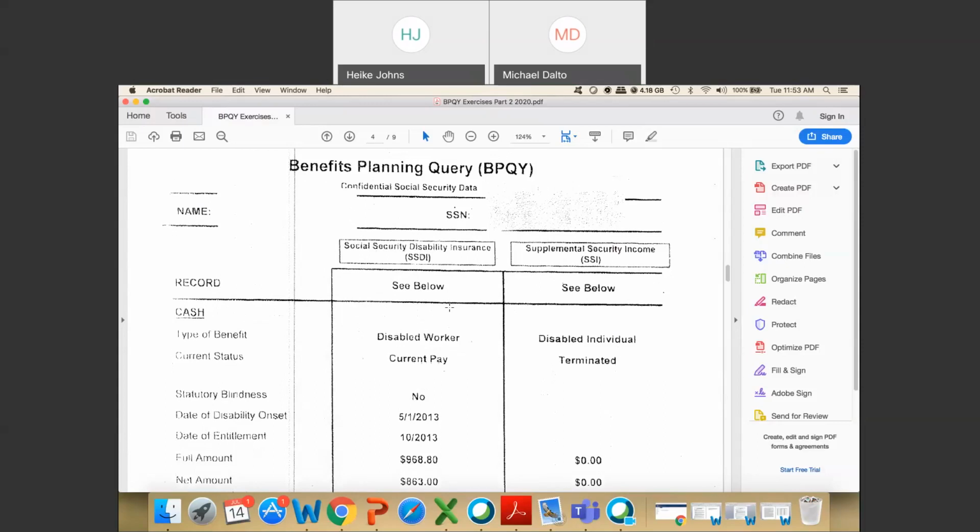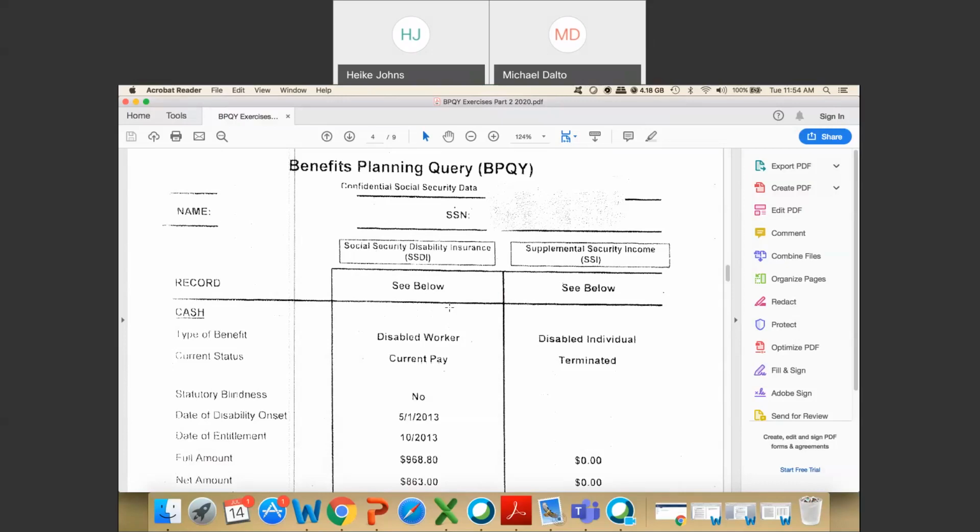So you want to have that BPQY available to you, as well as the 2 tools we just used: How to determine if a person has done work that needs to be reviewed, Title II, and the SGA within 12 months of disability onset tool.